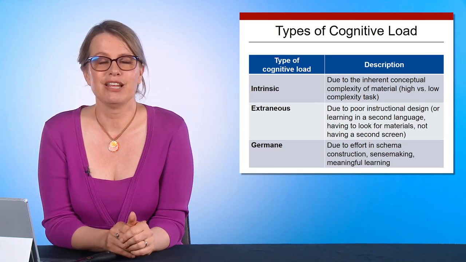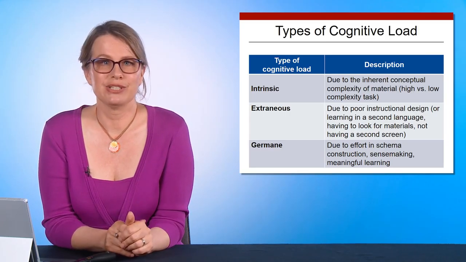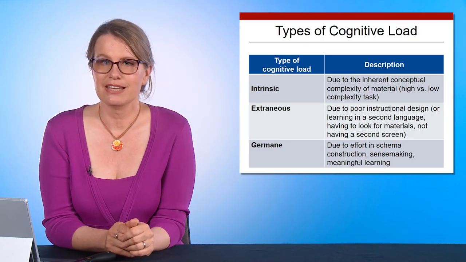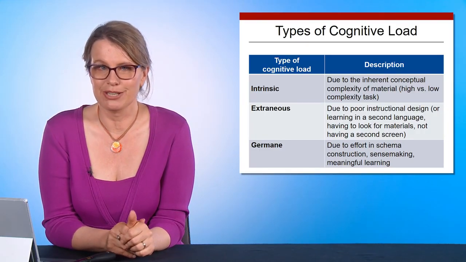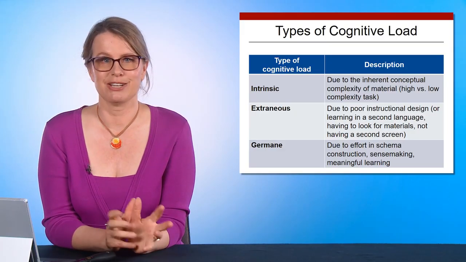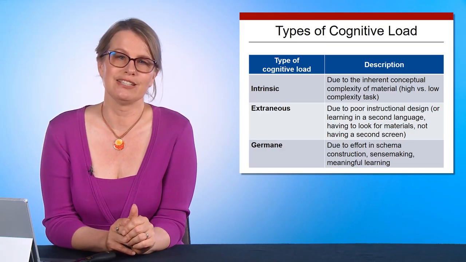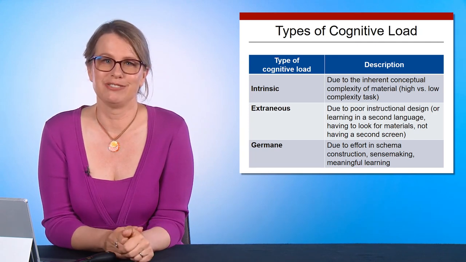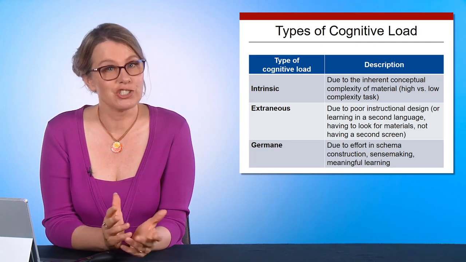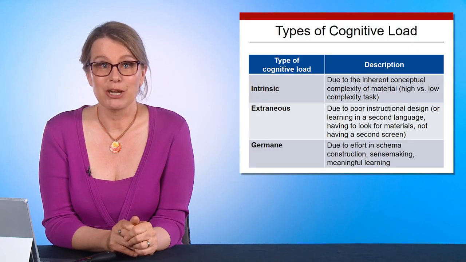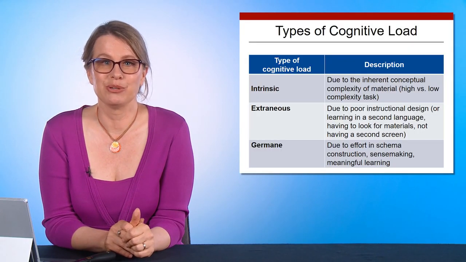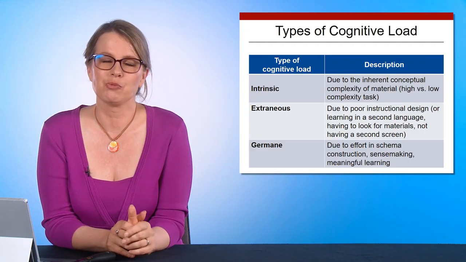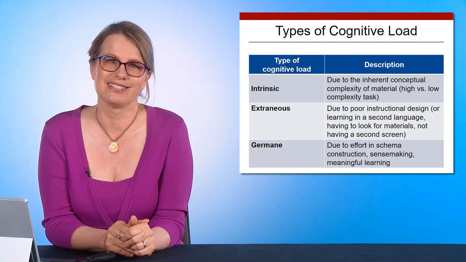Another example of extraneous load is when an instructor assigns a problem-solving task to students but does not provide the necessary materials. So looking for materials such as previous worksheets or lectures about the topic on top of problem solving causes extraneous load. My own example of extraneous load is not having my second screen available. I work much more efficiently with 2 screens than 1.